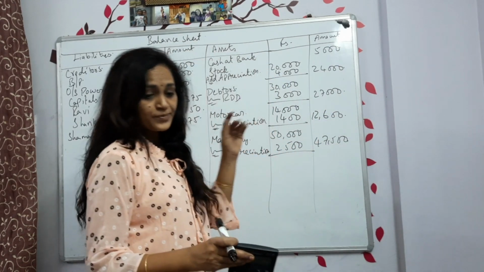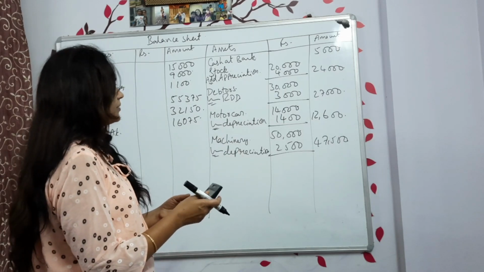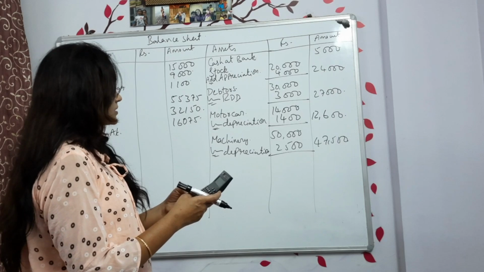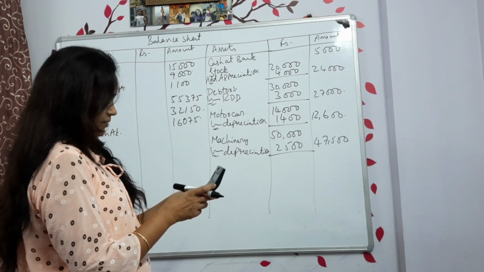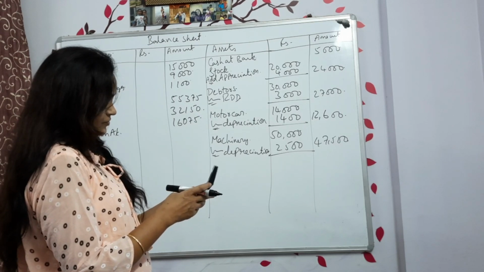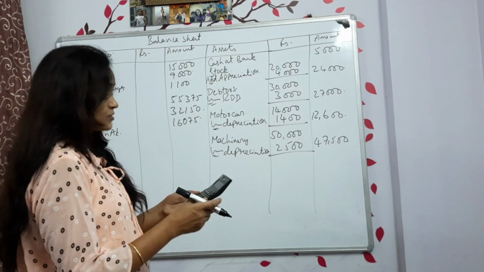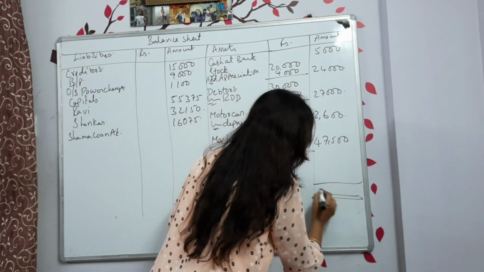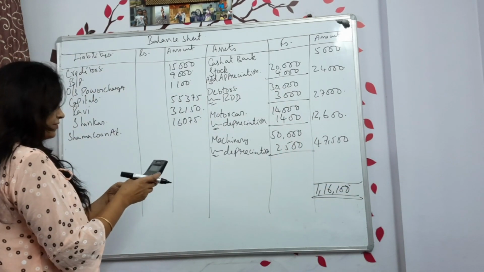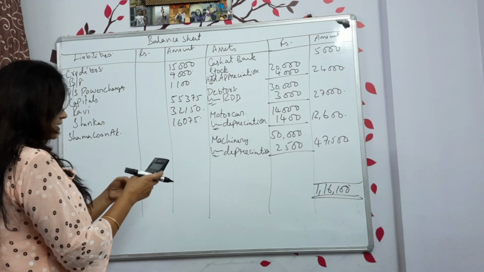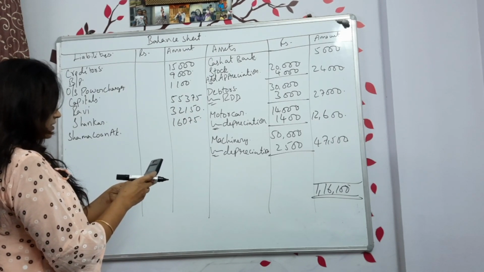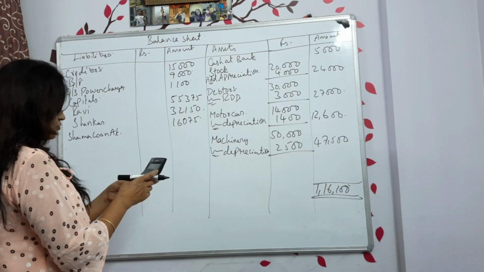Now let's do the total. If it is not tallied, let me check which one I have missed out. Okay. 5,000 plus 24,000 plus 27,000 plus 12,600 plus 47,500. It is 1,16,100 I got. Let me check. 15, 9, 55,375, 32,150.